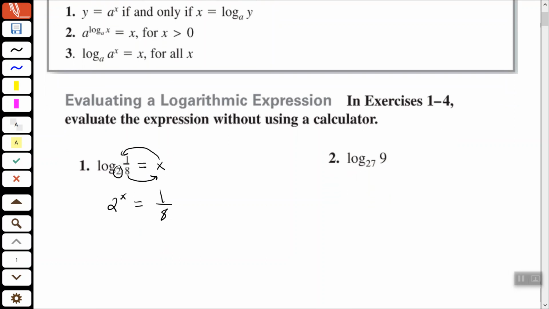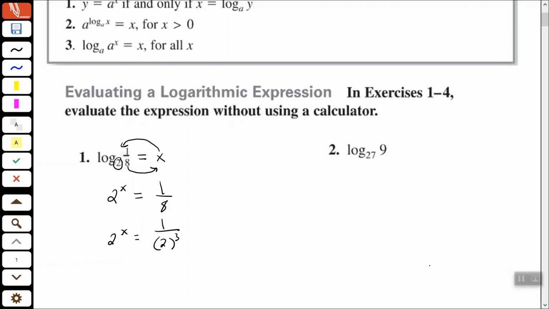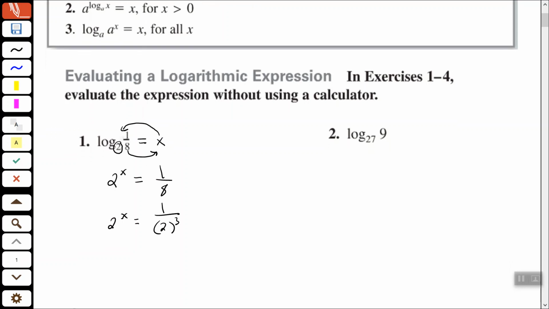What I would try to do is get a common base on each side of the equal sign. What we know is that 8 can be written as 2 to the third power. So that's the same thing as 1 over 2 to the third power. If I want these on the same level playing field, I can move that 2 to the third power up to my numerator, changing the sign of my exponent.